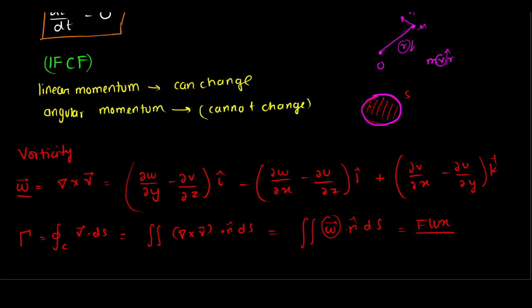But vorticity tells you the tendency of each and every particle to spin around. So vorticity is calculated at each and every point. This curl of velocity gives you the spin at each point. Circulation is more of an average phenomenon at a macroscopic level, and vorticity is at a microscopic level. That is the main fundamental difference between circulation and vorticity.